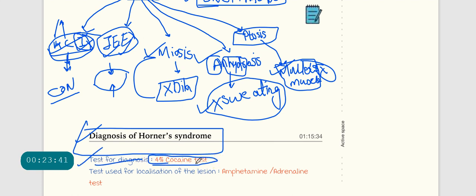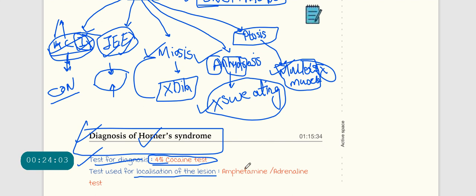Now, the next tests are used for localization of the lesion, and these tests are the amphetamine and adrenaline tests. So basically, if the cocaine test comes positive, then we move on to the localization of the lesion with the amphetamine or adrenaline test.